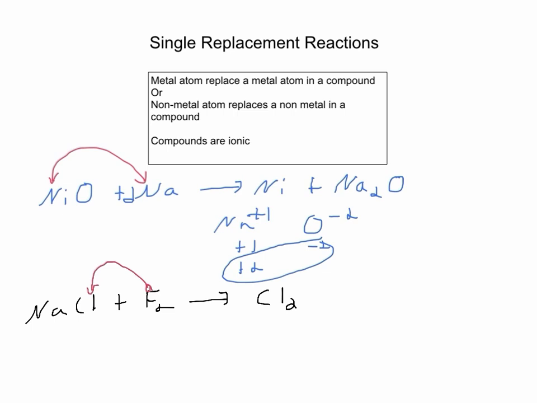The sodium stays where it is. Sodium has a +1 charge, and fluoride is a -1 charge. Least common multiple is 1, so the compound is sodium fluoride. And we would have to balance, and we're done. So nonmetals replace nonmetals, metals replace metals.